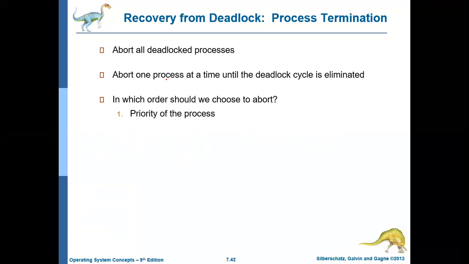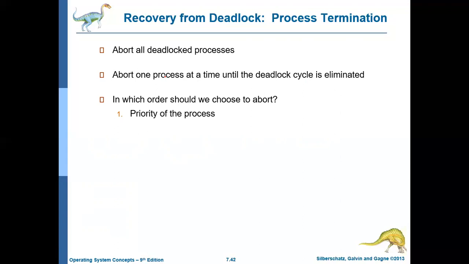Cost may be in terms of time or in terms of the computation done so far. Some loss will be there. That cost should be minimum, so you have to identify such a process and terminate it.